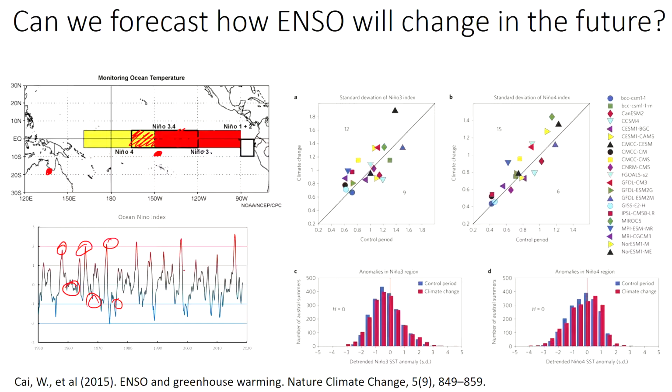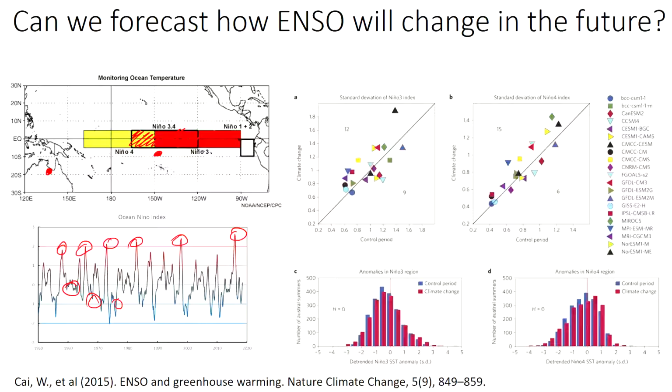Now, it is important for us to know how this will change in the future, because in these El Nino years, this is when we tend to have more extreme ocean heat waves. So these are years which will lead to more coral bleaching and bad times for coral reefs.